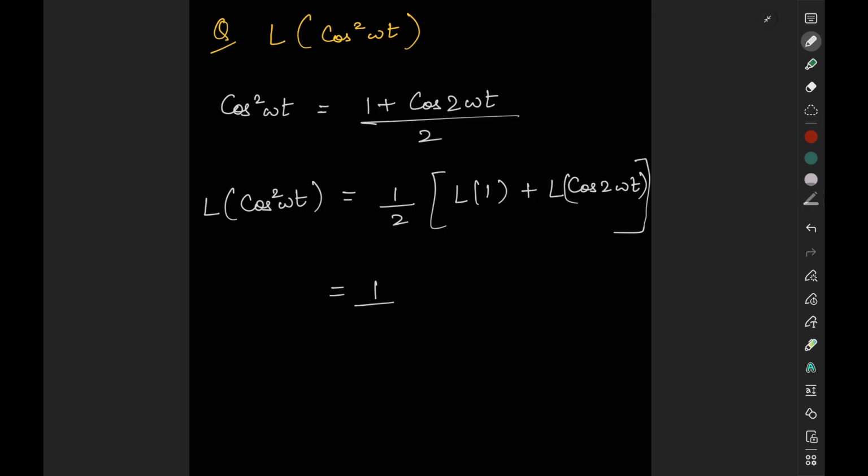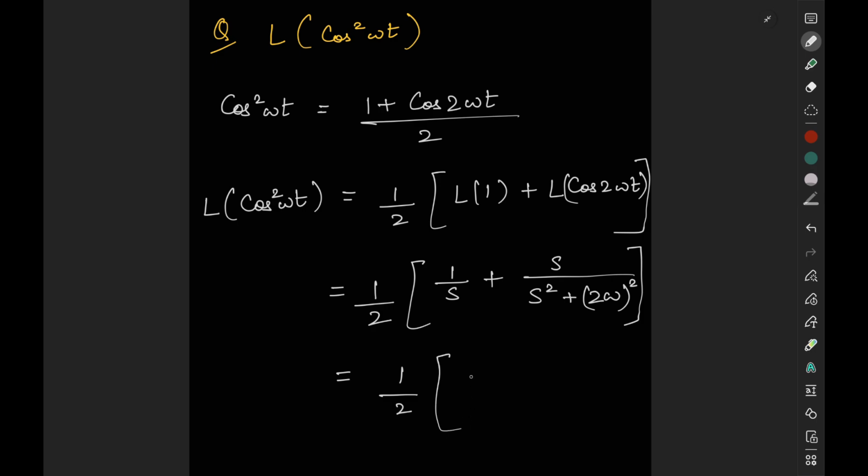This is equal to 1 by 2. Laplace of 1 is 1 upon s, and Laplace of cos 2 omega t will become s upon s square plus 2 omega square. That is 1 by 2, 1 by s plus s upon s square plus 4 omega square.